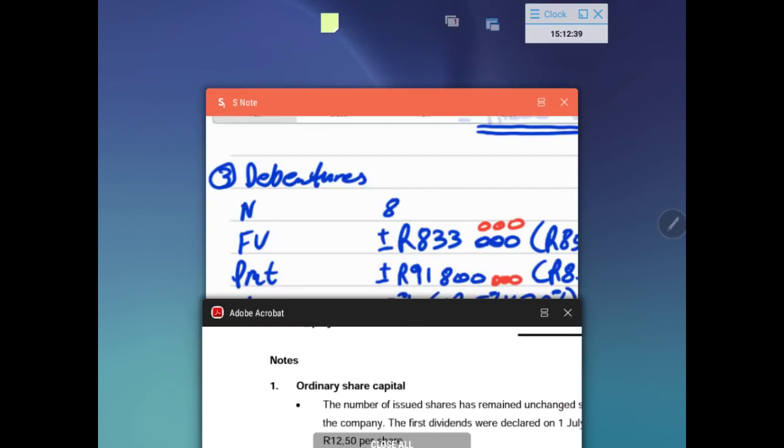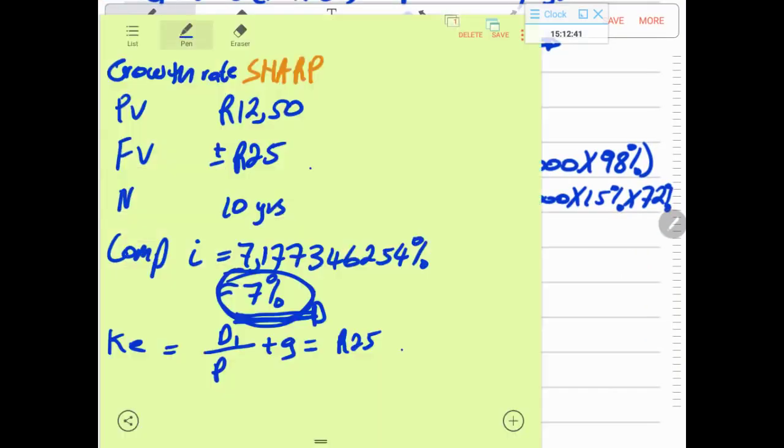Then we know that these dividends grow at 7%. So we need to add 7%, which is 1 plus 0.07. We divide this by our price of the shares according to the market. Don't forget, our price according to the market is 200 rand, which is 225 minus 25, if you still remember that, because this 225 was after they added 25 rand of the cumulative dividends that were not yet paid.